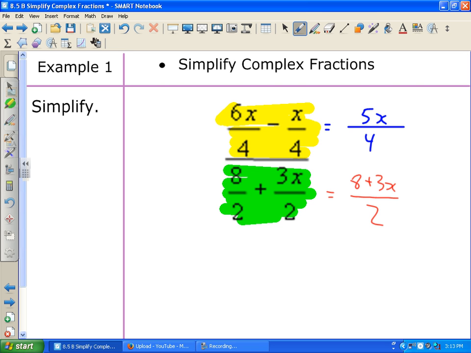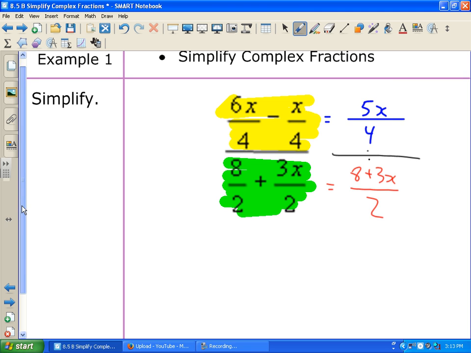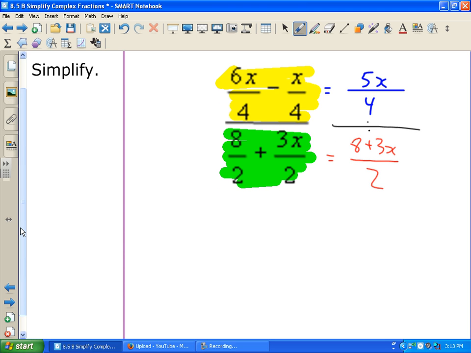So once again, I have a fraction divided by a fraction. So if you're following along, that's 5x over 4 divided by 8 plus 3x over 2. So our way to solve these problems: simplify the top, simplify the bottom, and then divide. This says 5x over 4 divided by 8 plus 3x over 2.